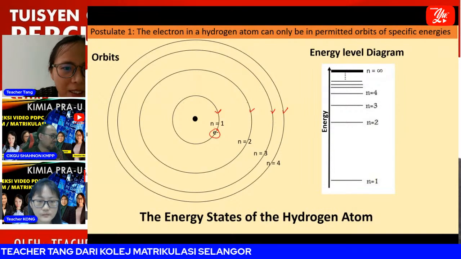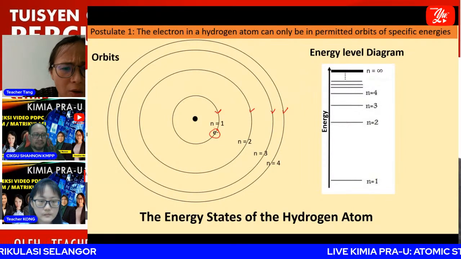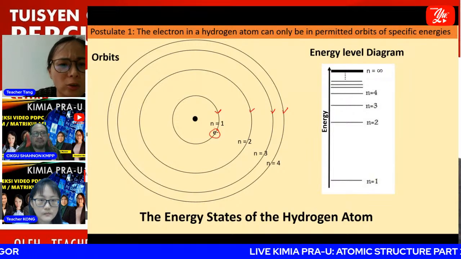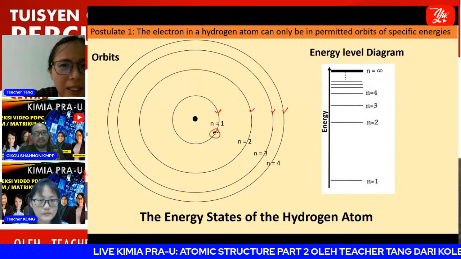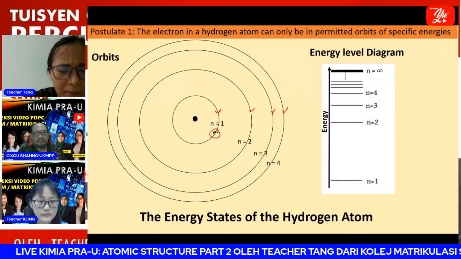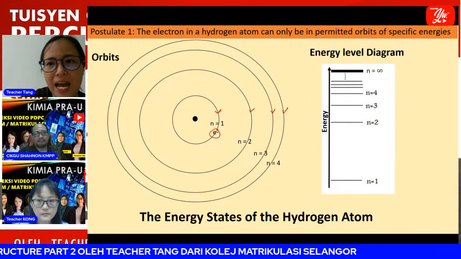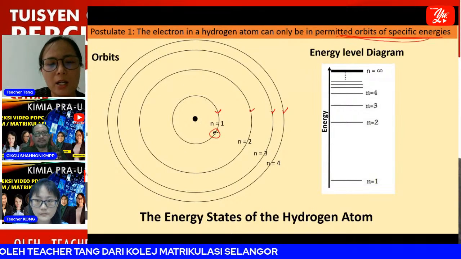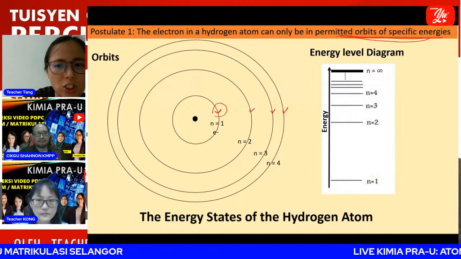The circle line I draw represents the circular orbit. So the electron can only be in the permitted orbit, and each permitted orbit has its own specific energy.